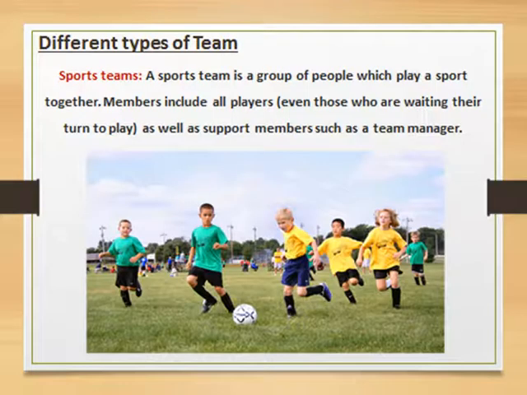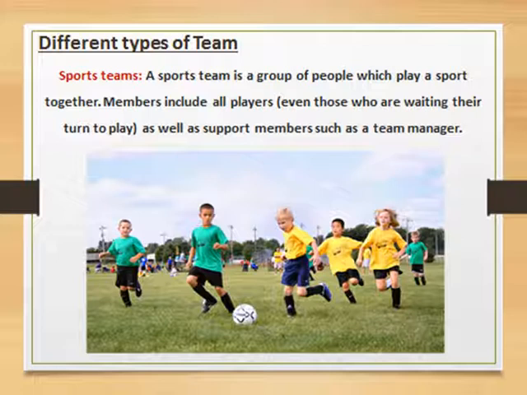A sports team. Many examples you can think about. A team of members who play cricket, football, or any kind of sport. For every sport, there are certain conditions which have to be followed. For example, in a cricket team, not all the players are involved when they play together.